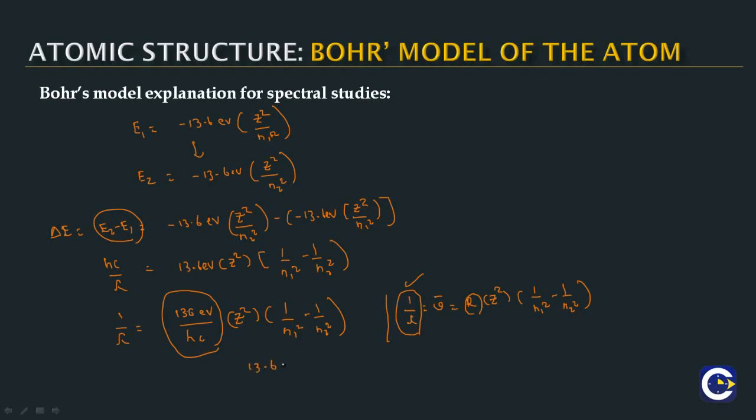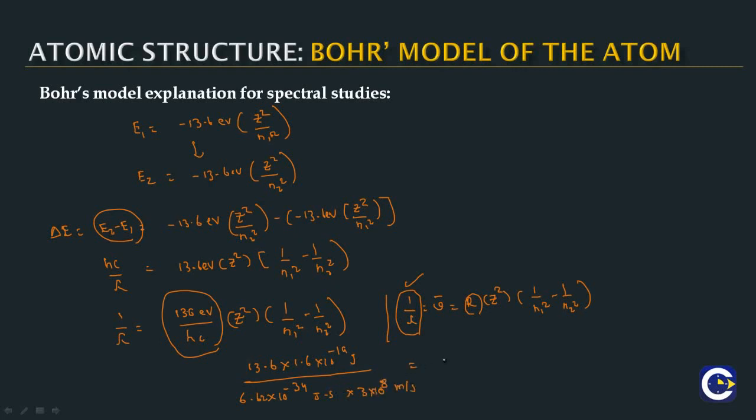If you really substitute the values, 13.6 electron volt will be 13.6 into 1.6 into 10 power minus 19 joules, divided by the value of h, which is 6.626 into 10 power minus 34 joule second, and c, which is 3 into 10 power 8 meter per second.